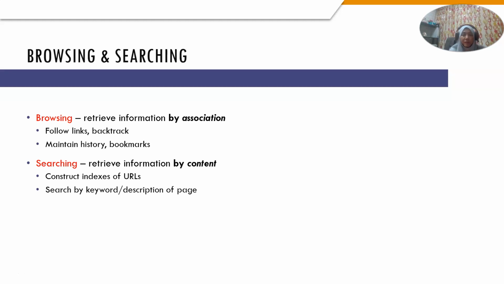The action that you want is to go to the page to get information. For example, you search using a certain URL address. That is the concept of browsing. And then searching is retrieving information by content, where you search using certain keywords.